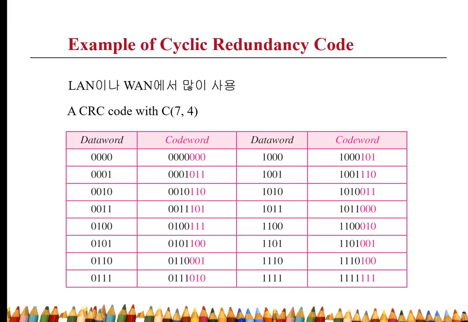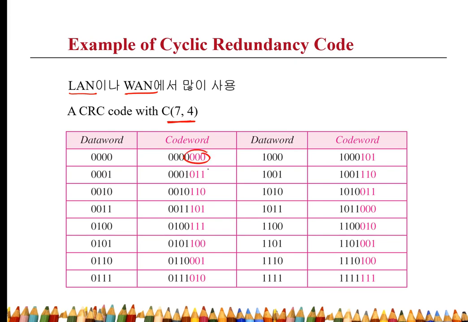Now let's look at the example of the cyclic redundancy code. Actually, the cyclic redundancy code is usually used in a LAN or WAN, so local area network. An example of the cyclic redundancy code is 7,4 code.